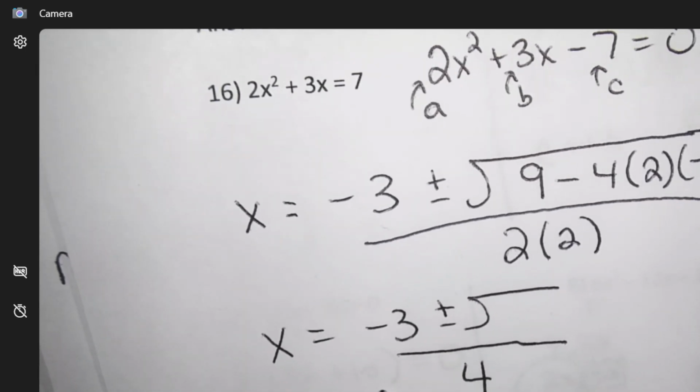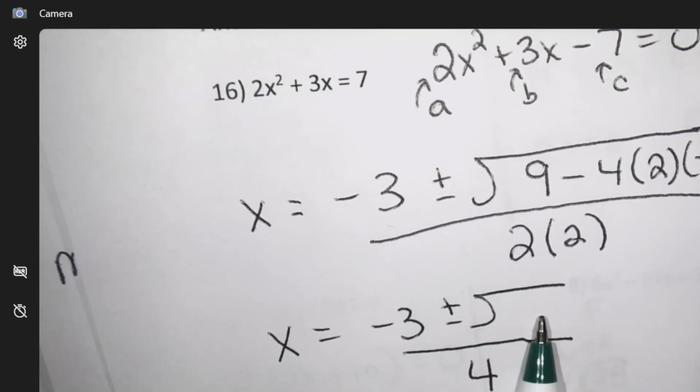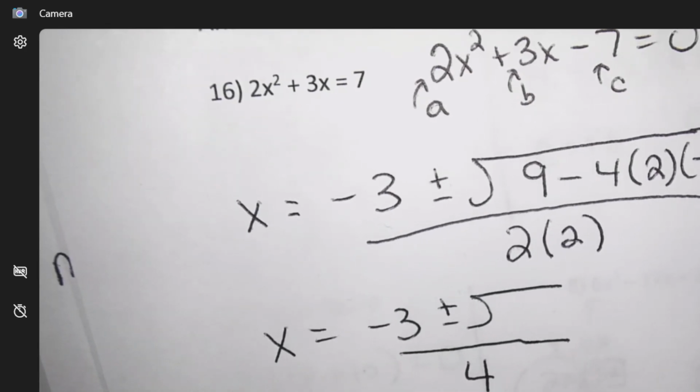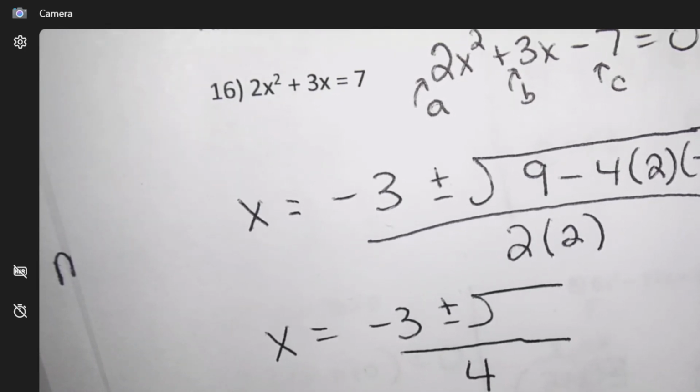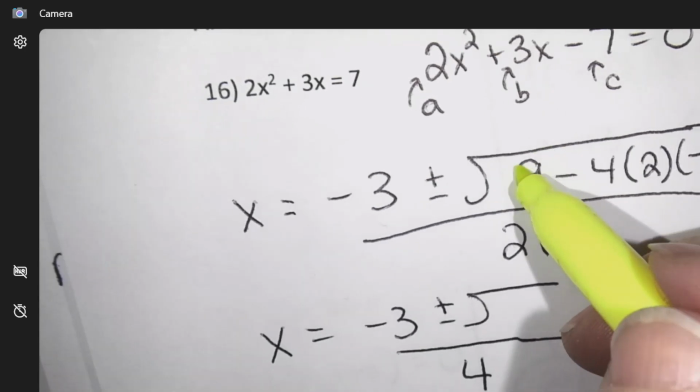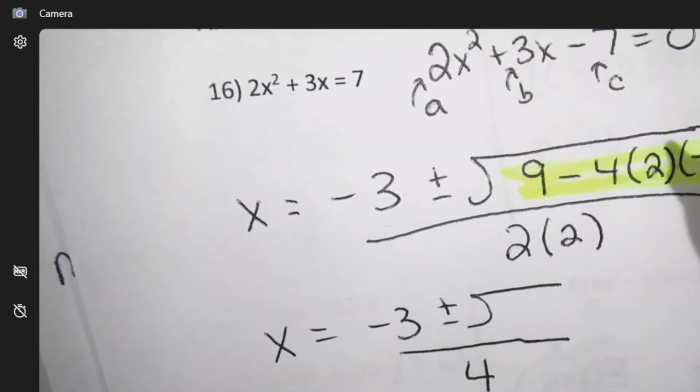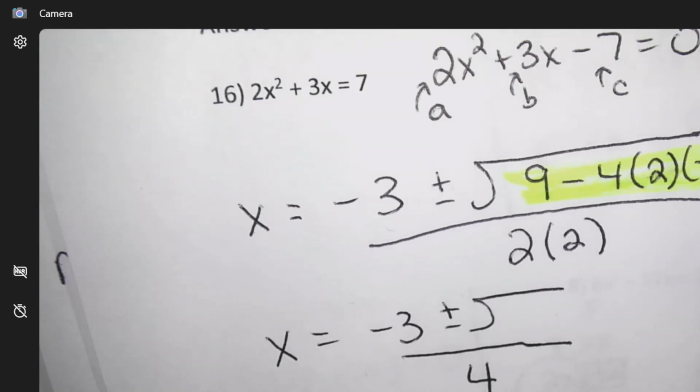Okay, so -3 plus minus the root of something over 4. Okay, now I want you to go into your calculator and I want you to type what I call just the discriminant stuff.